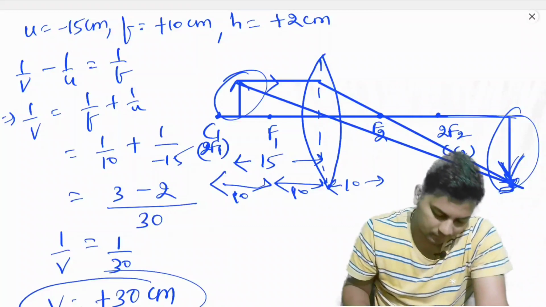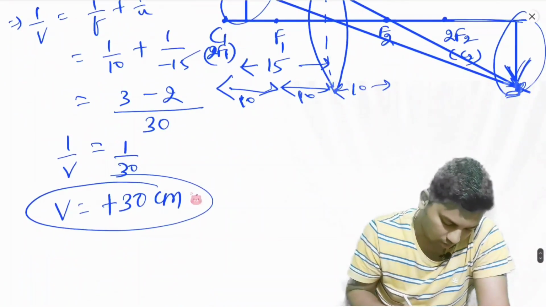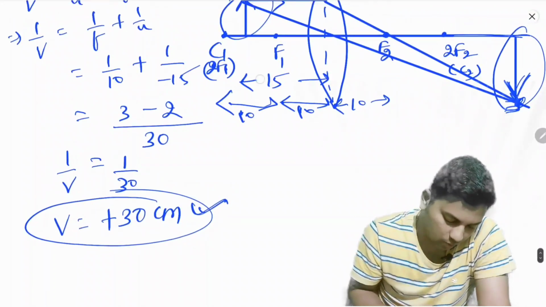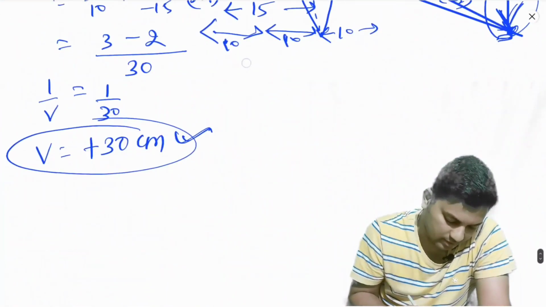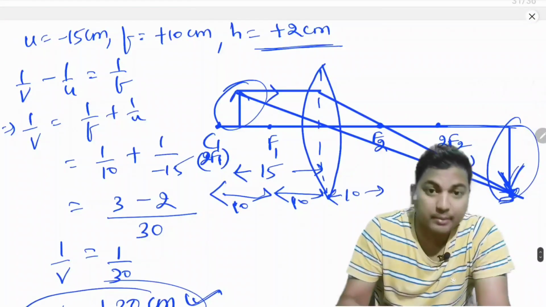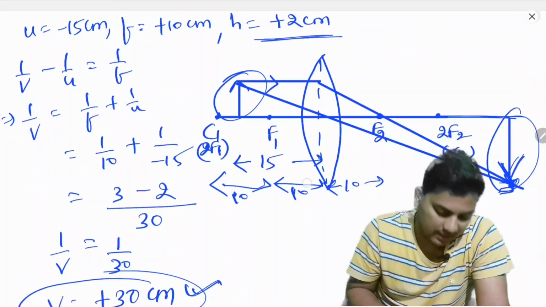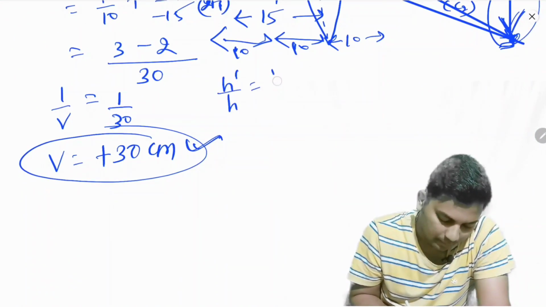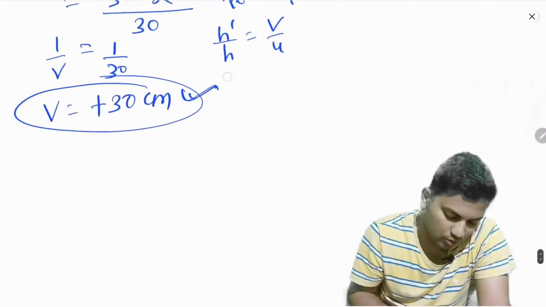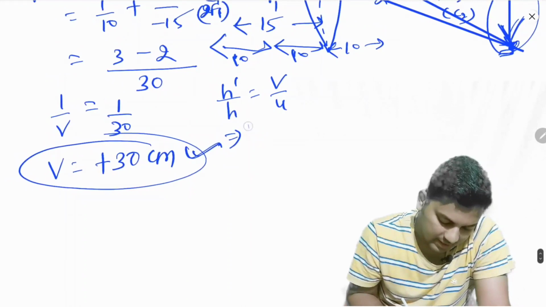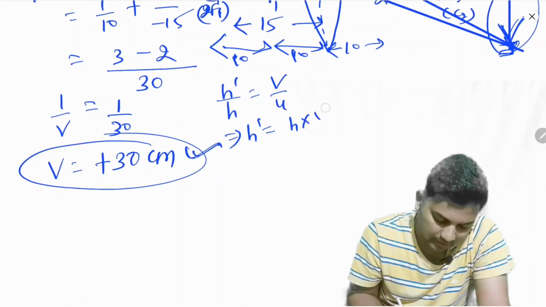Clear? So proceed. Now we have got v is equal to plus 30. Now we will be finding magnification, or here it is given h is equal to plus 2. We can find h dash by h dash by h is equal to v by u. That means h dash is equal to h into v by u.